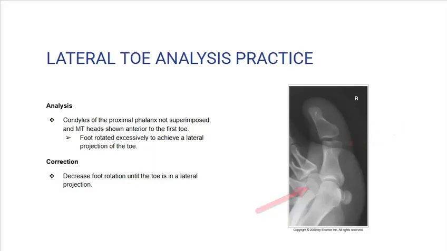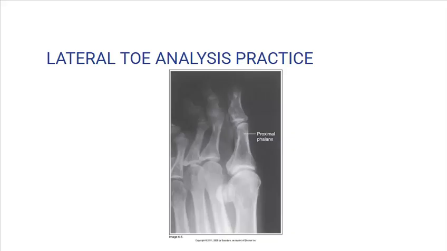The metatarsal heads are anterior to the first toe. Therefore, the foot was rotated excessively to achieve this projection. We need to decrease that rotation until the toe is in a lateral projection. Go ahead and assess this image and answer the following question.